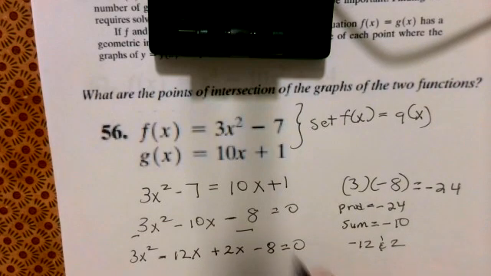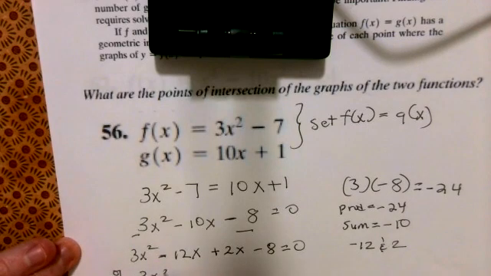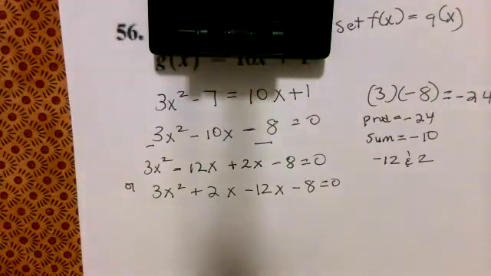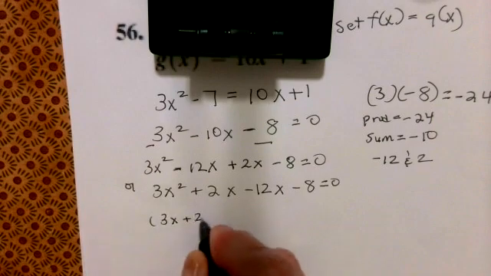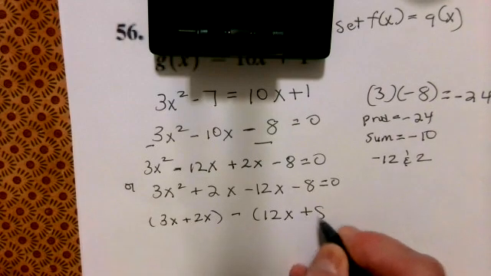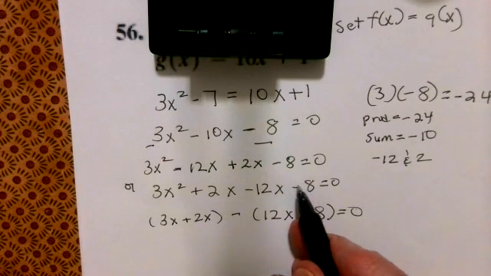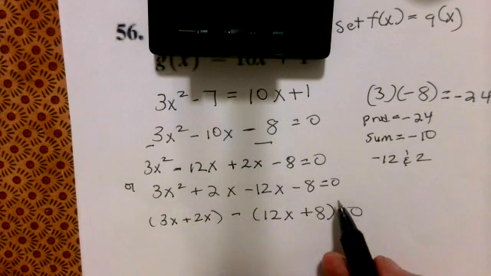You can do it the other way, but if you do it the other way, when you go to group, you have to change this sign. Because if you think about it, if you distributed this, it would give you this. So this should be the same equation as this.